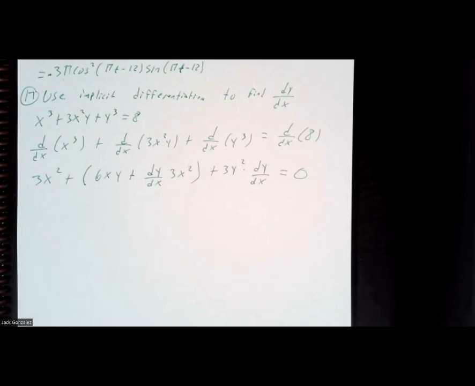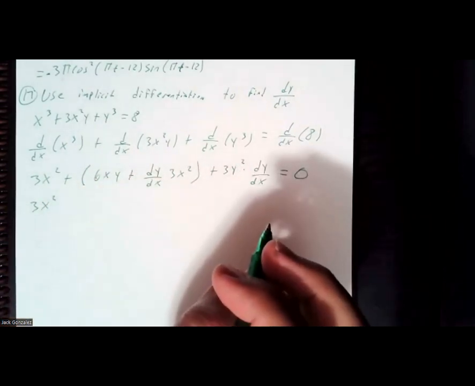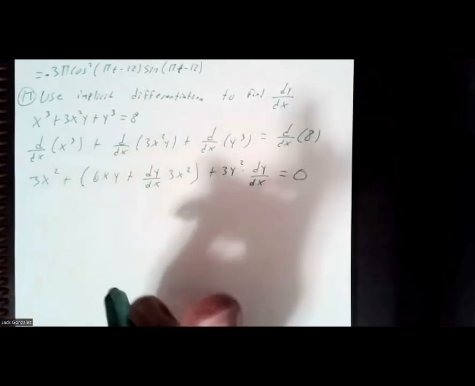And you cool up to that point? Okay. So just gather, move everything that doesn't have a dy dx over to the right hand side.